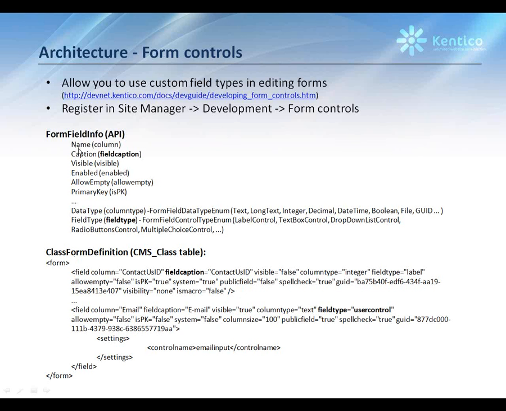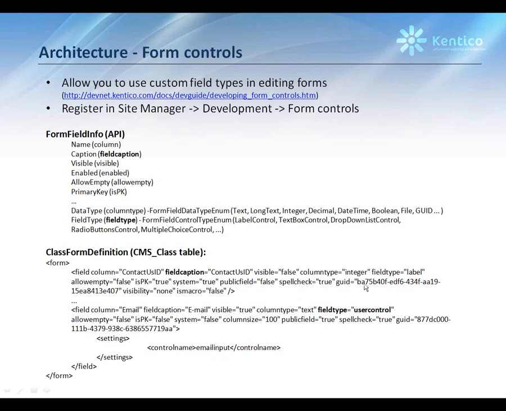Form field info as well as form info are used within the form engine to allow the engine to generate the forms, so that each form control will know what it is rendering. Interesting thing here is that if the field type equals user control, there is an additional subsection called settings, and within the settings subsection there is a code name, in this case email input, the code name of the form control that should be used for this field.